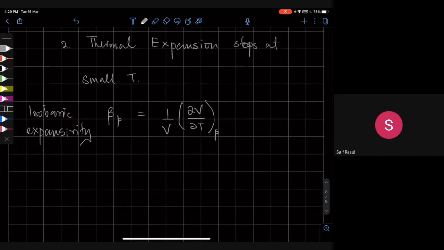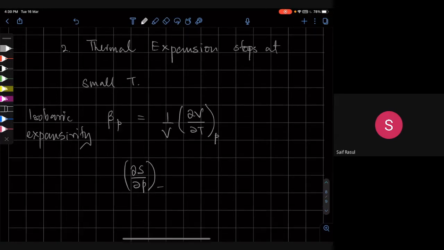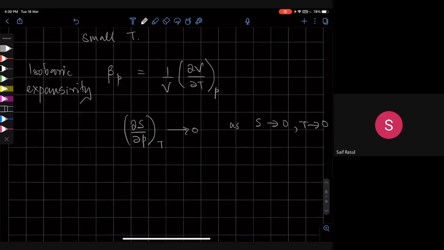Now, since delta S over delta P goes to 0 as S goes to 0 and T goes to 0, what it means is that from Maxwell's relationship, this thing is nothing but delta V by delta T at constant P. And therefore, the thermal expansivity also goes to 0 as T goes to 0.